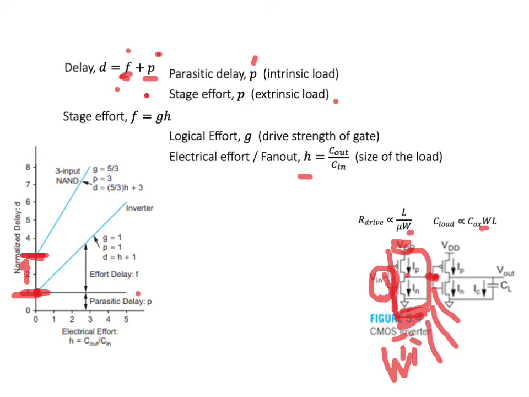That is, for a given total capacitance C out at the output, we can increase the width of the driving gate, and increasing the width will increase the drive strength of the logic gate, because it increases the current.